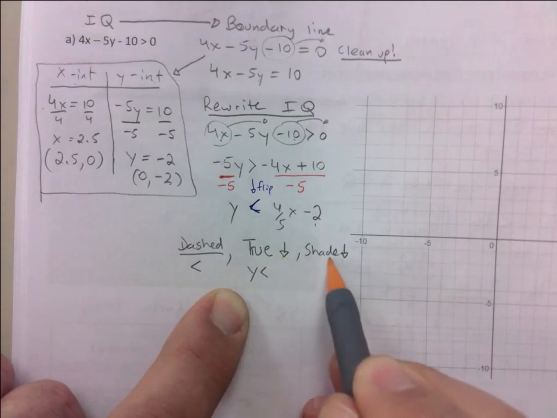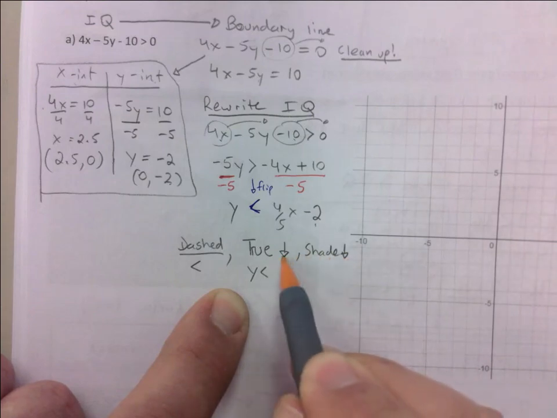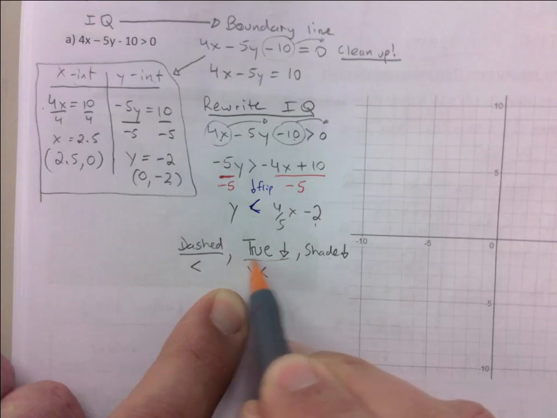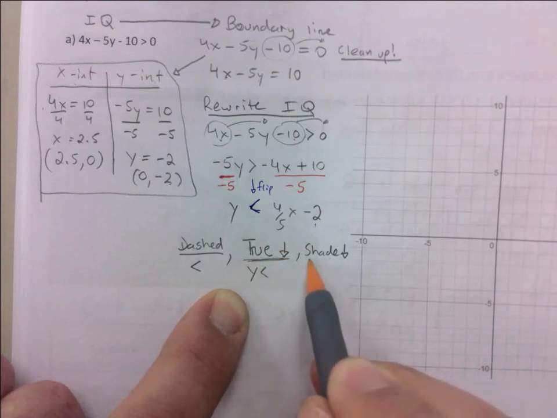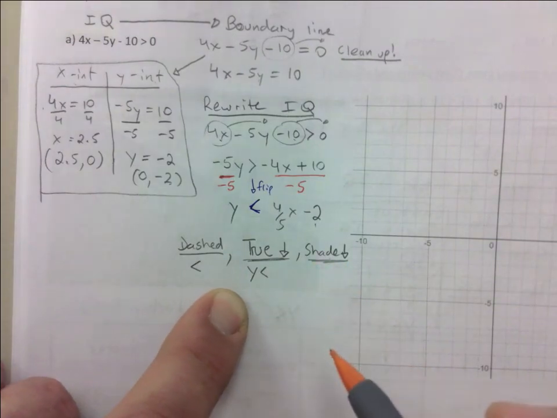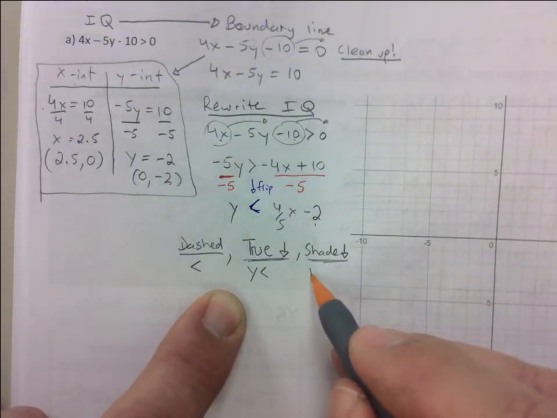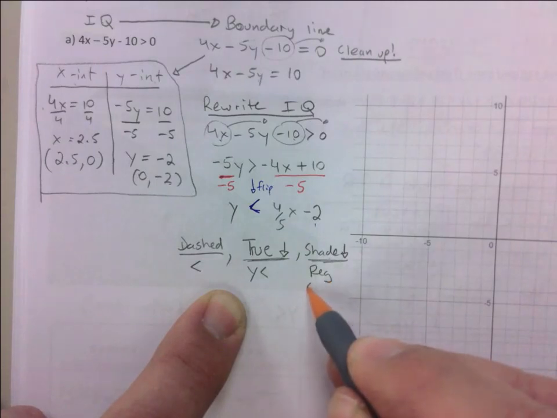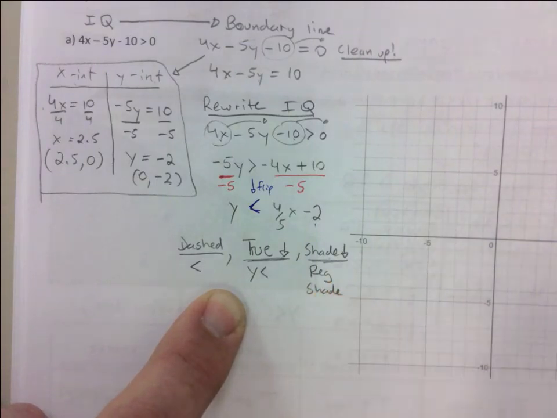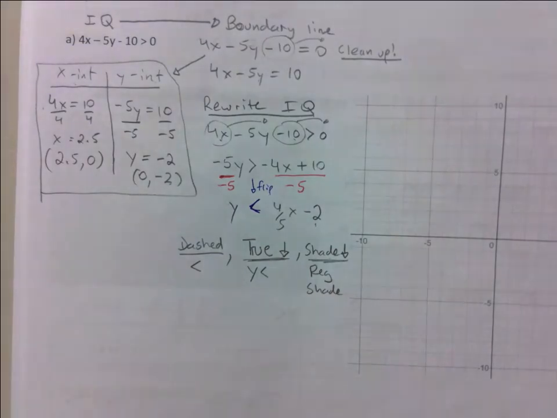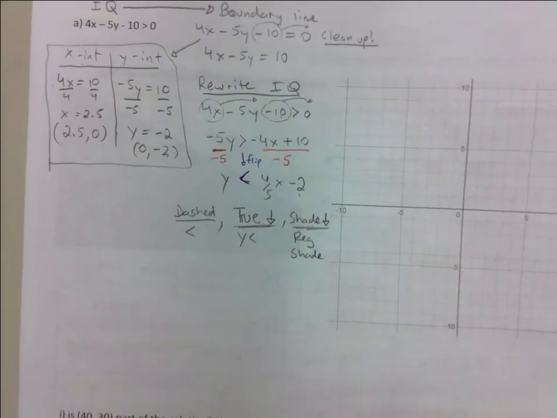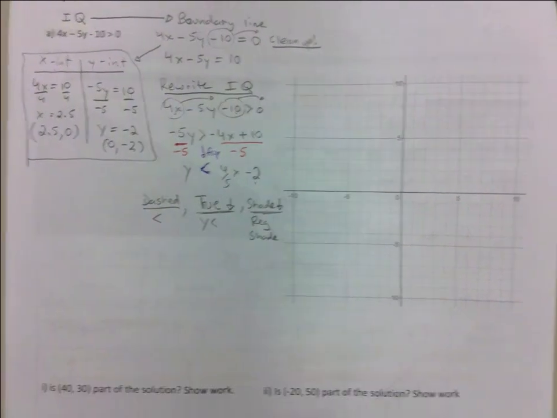We're going to shade where the true region is. So the true is below. This is the most important step, and therefore we're also going to shade below, okay? Because it's regular shading. So for today, we're only going to do regular shading. We're not going to do reverse anything, okay?